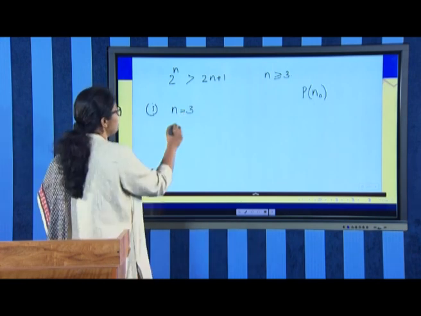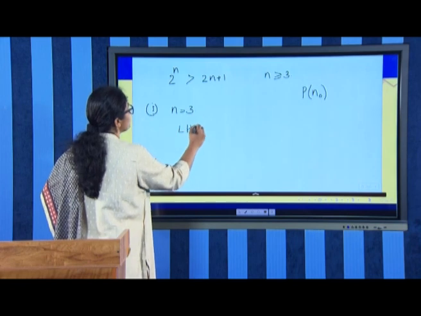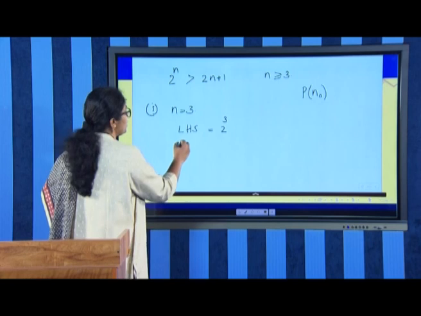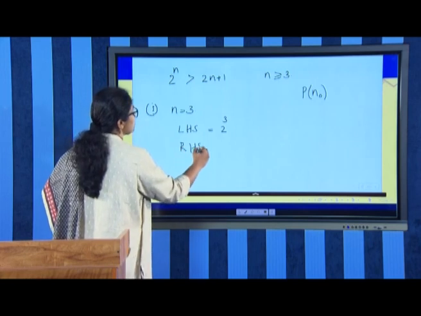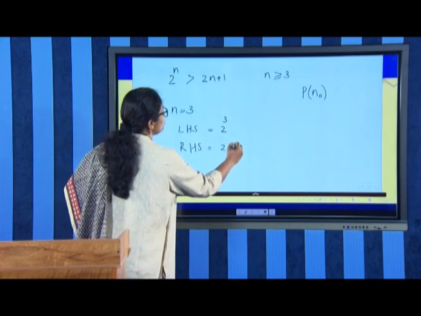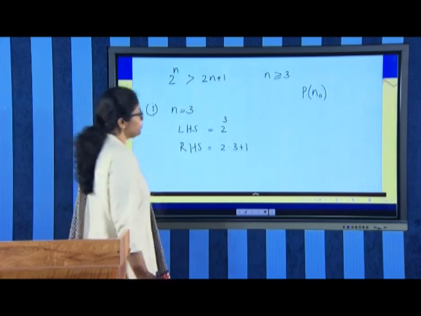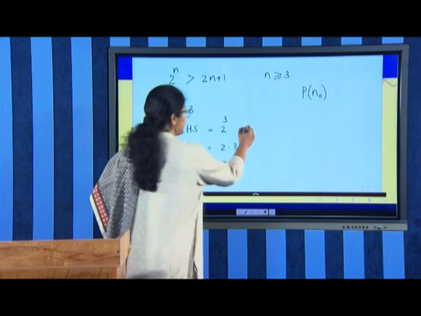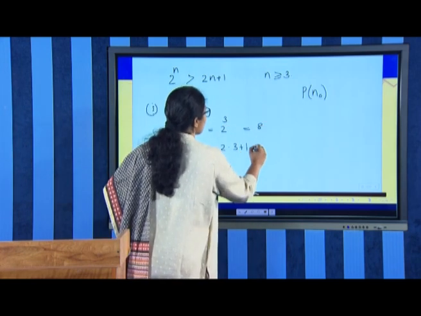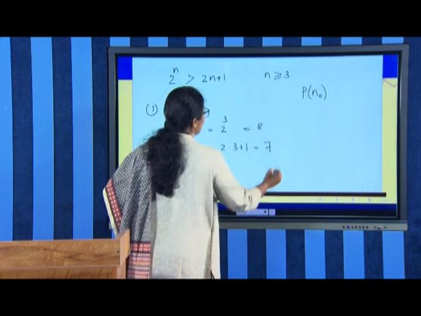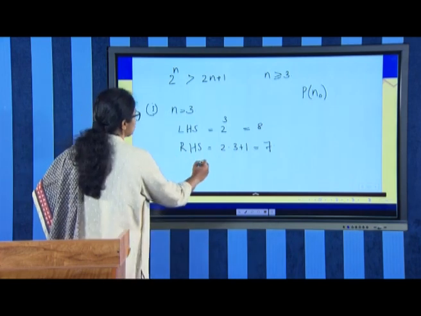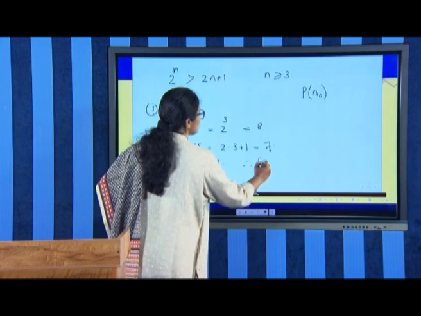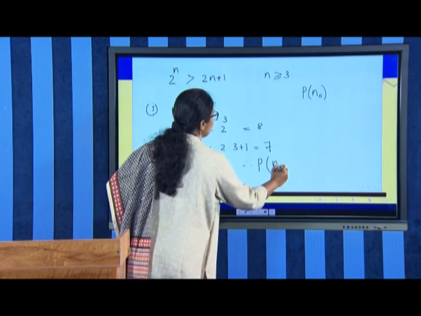So, consider the LHS which is equal to 2 cube, the RHS is equal to 2 into 3 plus 1, and we know the LHS 2 cube is nothing but 8, whereas the RHS is nothing but 7. So, 8 is greater than 7 and therefore, the result is true for the case n equal to 3.